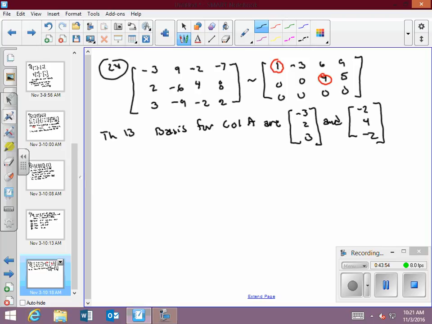It's the ones that the pivots occur in. That's what theorem 13 is telling you.